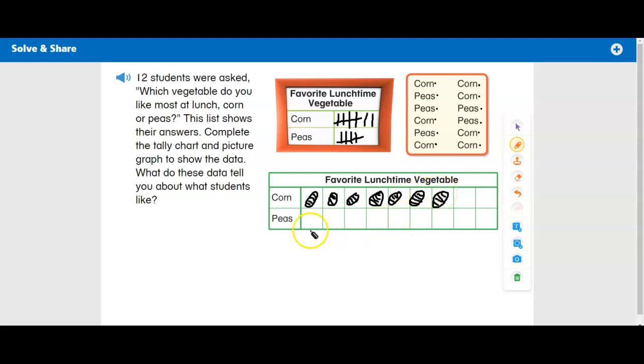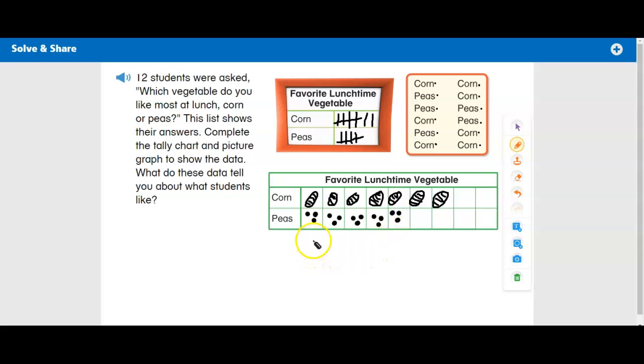And now I need to draw in my peas. So I'm just going to draw in some loose peas, like peas out of a can. So I'm just going to put maybe 3 little peas in each one. And each box represents the peas.